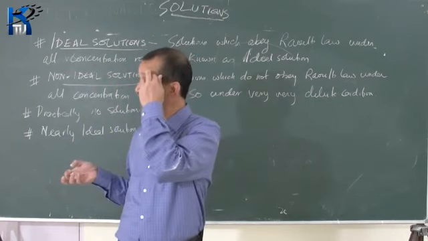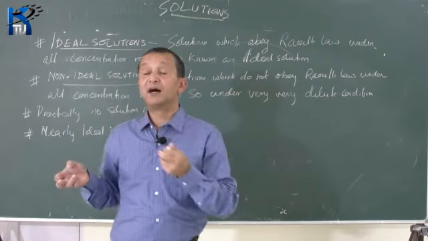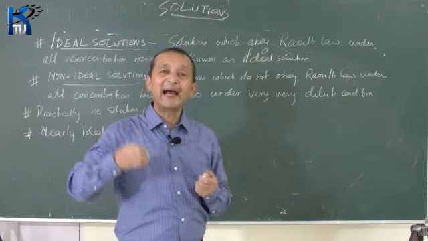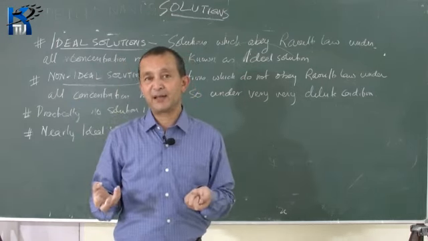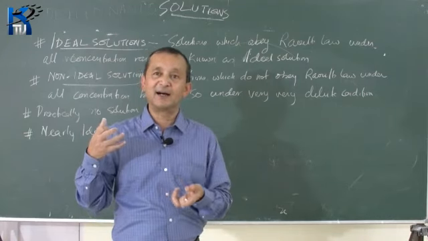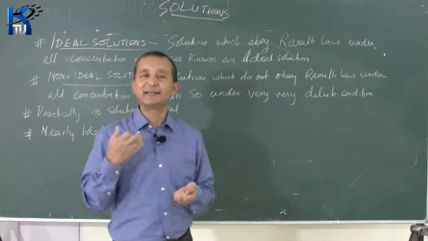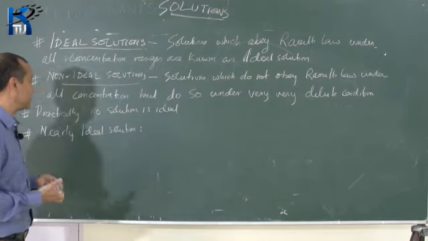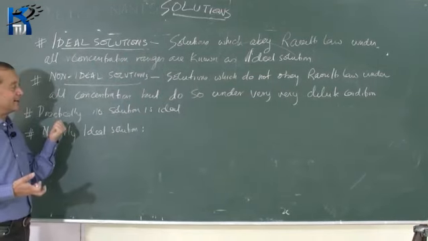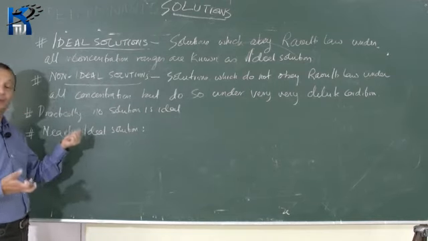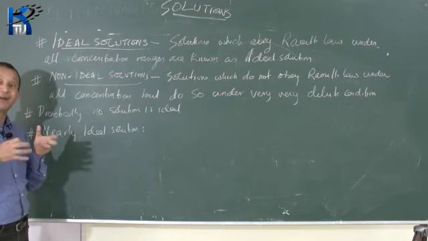Like if you have studied gas laws, you have studied that a truly ideal gas we don't have, but we can make gases nearly ideal under very low pressure and very high temperature. In the same way, truly ideal solutions we don't have, but we have some solutions which are nearly ideal.